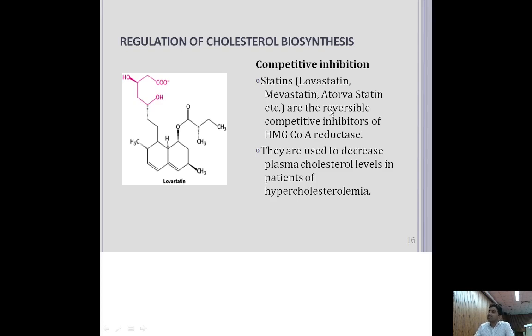Someone, if they have elderly people at home, would have seen that they normally take atorvastatin or rosuvastatin or lovastatin. So statins act by inhibiting the activity of HMG coenzyme A reductase by competitive inhibition. That's it. These are the drugs given to reduce cholesterol level in the body. Statins: atorvastatin, rosuvastatin, lovastatin. Just remember a few names.